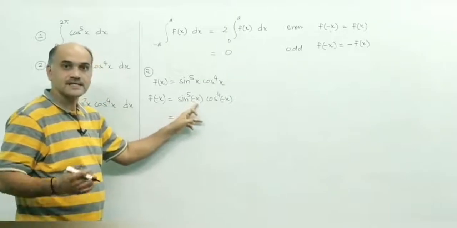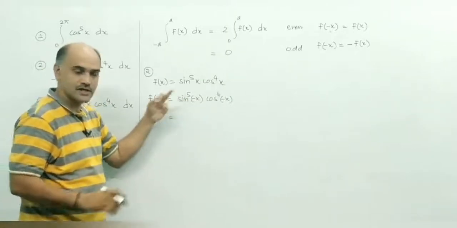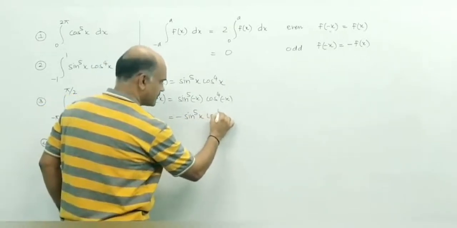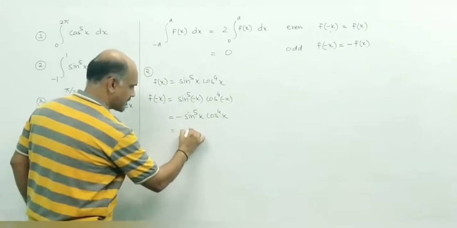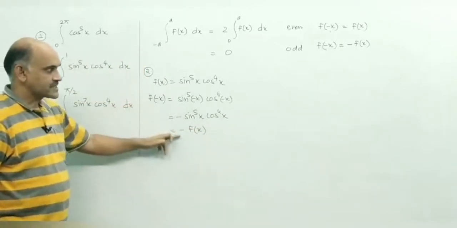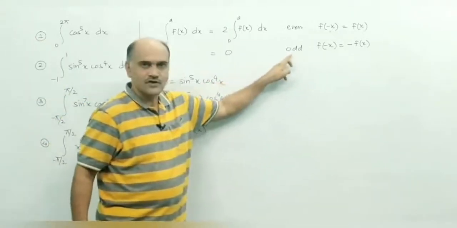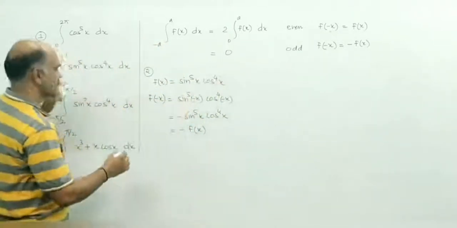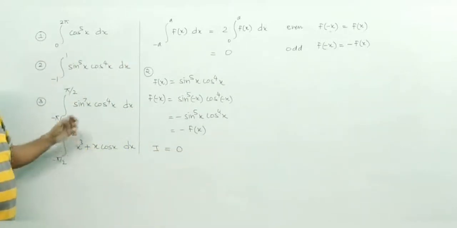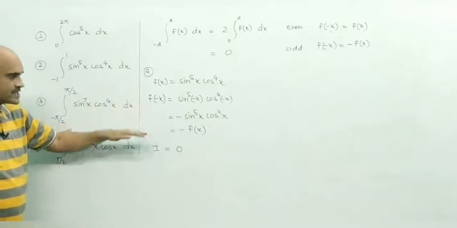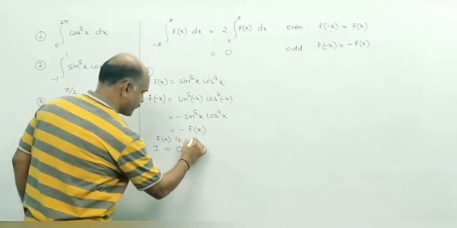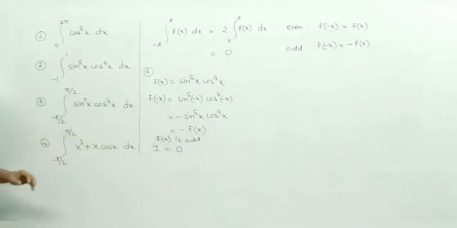Sin of minus x is minus sin, power is odd, so you will have minus. Minus sin raised to 5x, this will be cos raised to 4x. So this is minus f of x. So f of minus x is minus f of x means function is odd. If it is odd, answer is 0. So I is equal to 0. Directly you can write, as the function is odd, therefore I is equal to 0.